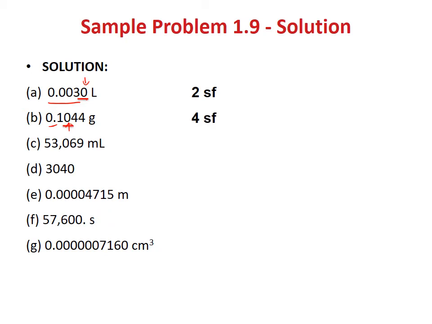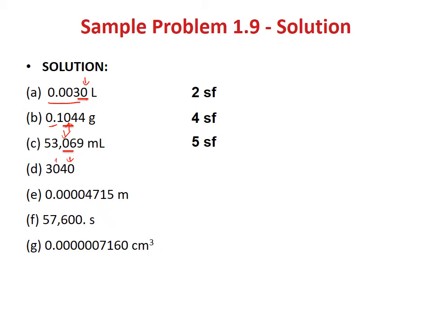In C, this doesn't have a decimal, but this 0 is included in the number, therefore it's significant. And so we have 1, 2, 3, 4, 5 significant figures. In D, we don't have a decimal, so the ending 0 is not counted as significant.